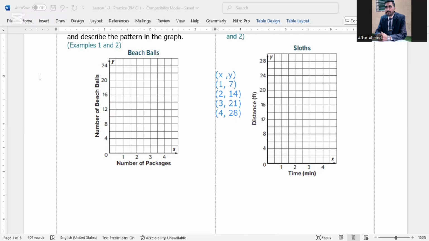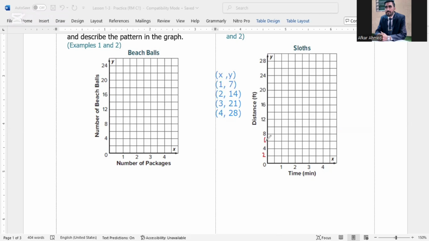Now we want to make the graph for the given points, but the problem is the same here. We have given the time in minutes, 1, 2, 3, 4. There is no problem with the x. For y, some points are missing: 0, 4, 8, 12. The numbers between them are missing. So to write these numbers, between 0 and 4 we will write number 2, because this will help us to make the graph.